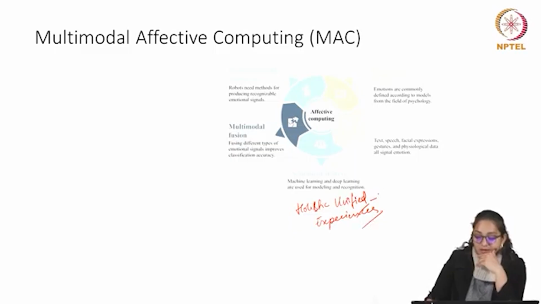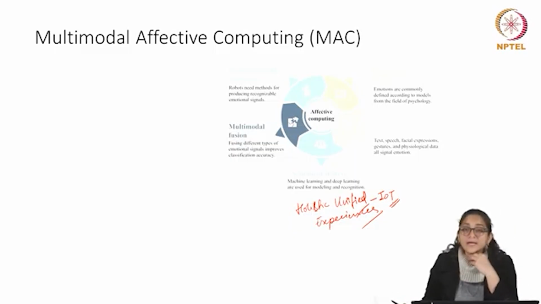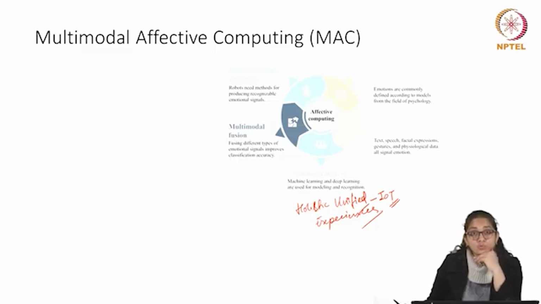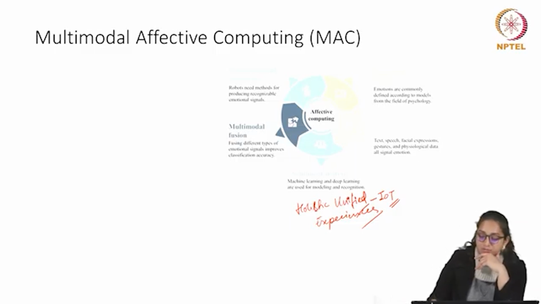Unified is very important, and it is also a very important aspect of something you might have heard about. It's called IoT, Internet of Things. And why are we saying unified?